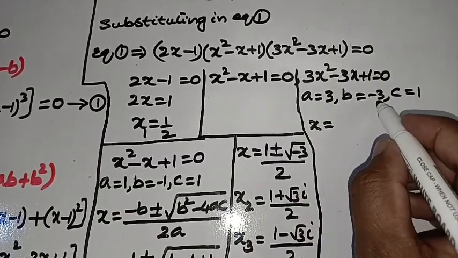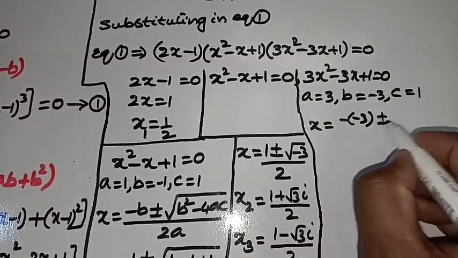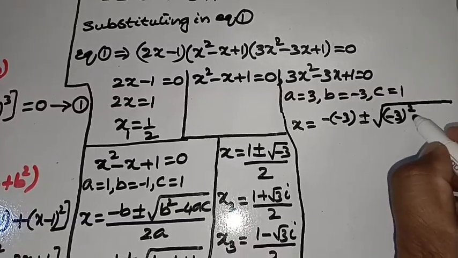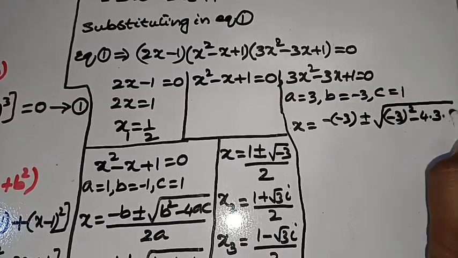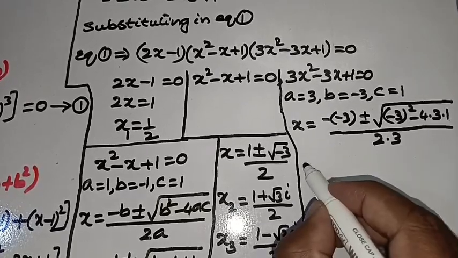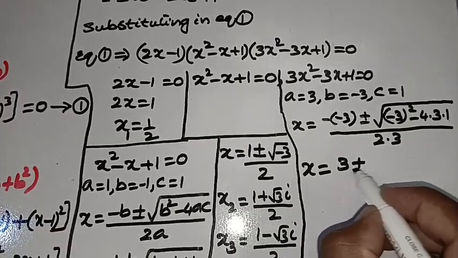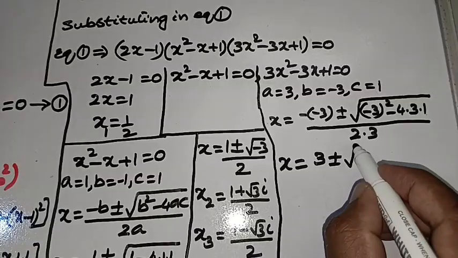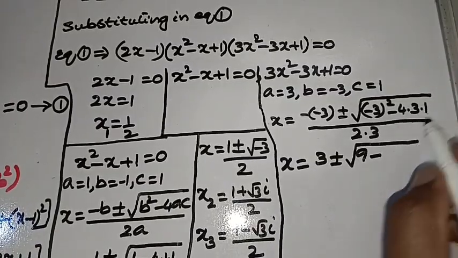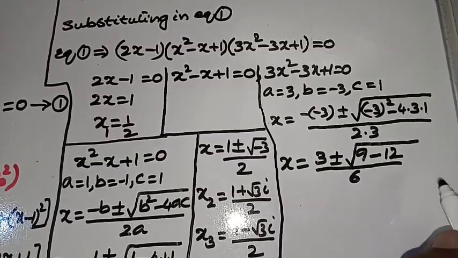So x is equal to minus of minus 3 is plus 3 plus or minus square root of 3 square is 9 minus 4 into 3 into 1, 12 by 6.